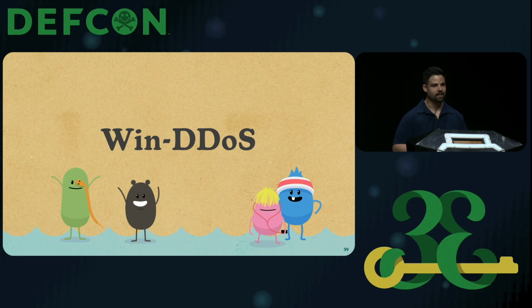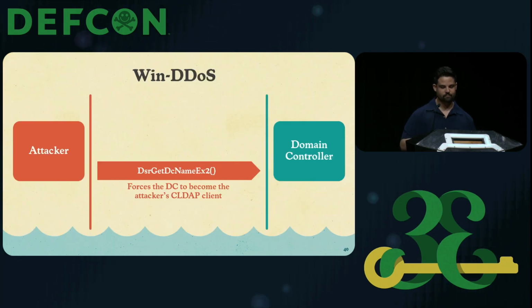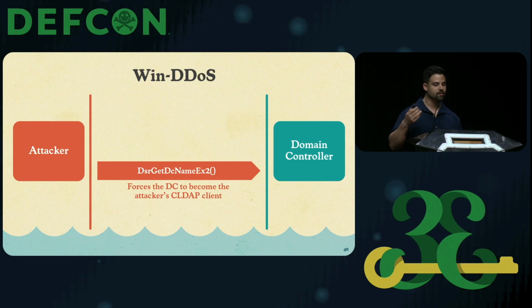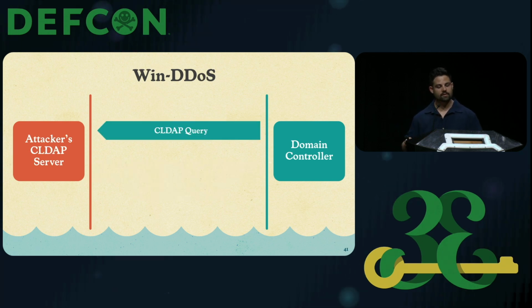So now let's fully understand how it works. The attacker starts by recruiting worldwide public domain controllers by sending them the RPC call that triggers them to become the attacker's CLDAP client. The domain controllers then send the CLDAP request to the attacker's CLDAP server.